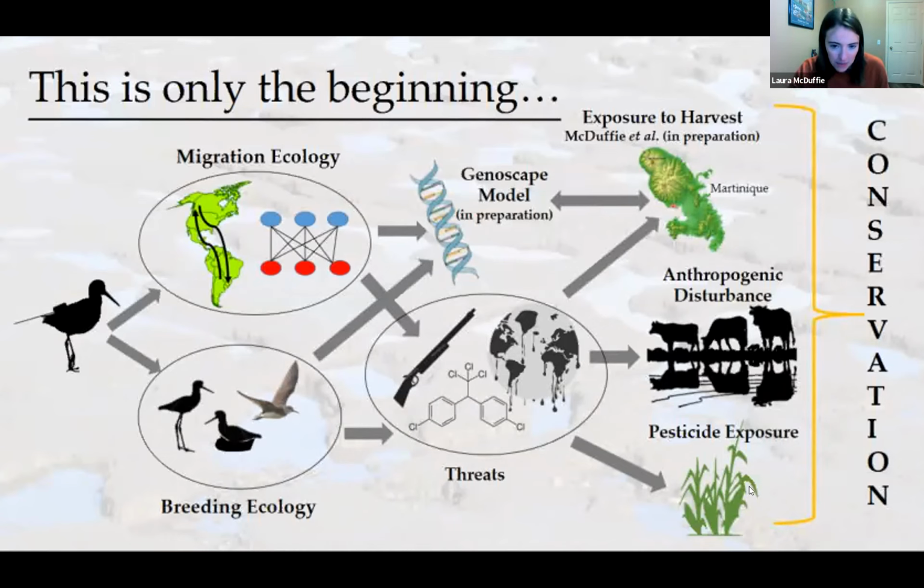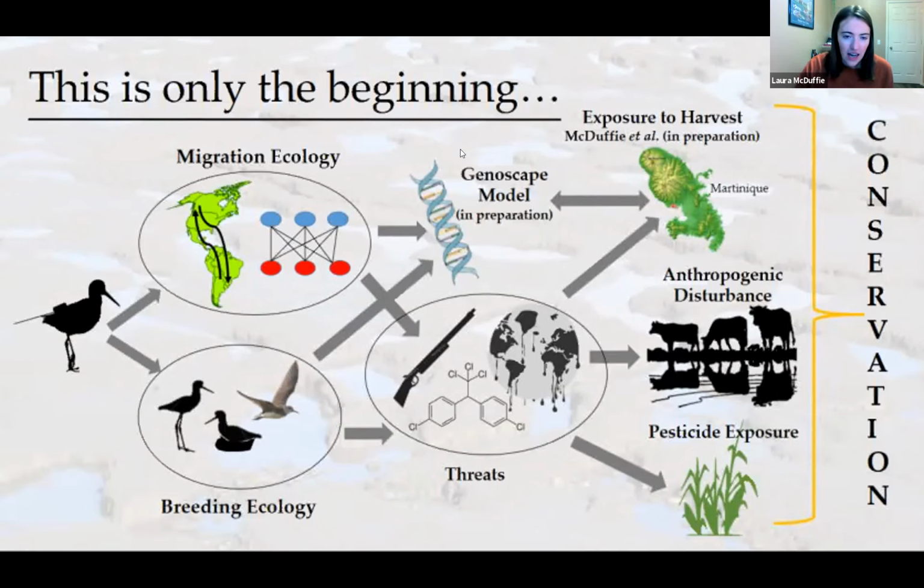For example, we could look at pesticide exposure within primary stopover sites, such as the prairie potholes. That might be a limiting factor for this species. Or we could look at anthropogenic disturbance, so habitat alteration to pasture lands or agriculture, or even for recreational opportunities for people. That really could be a limiting factor for this species as well.